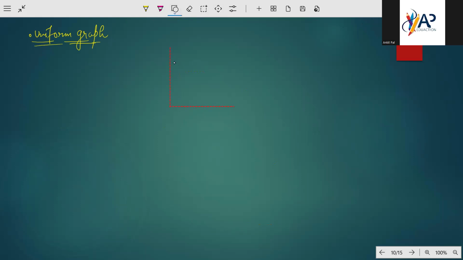If we draw this, the graph is basically negative and uniform, right?